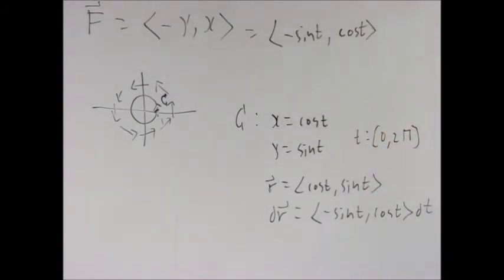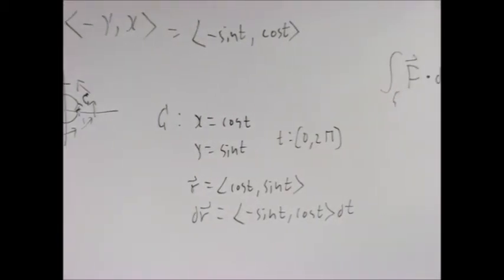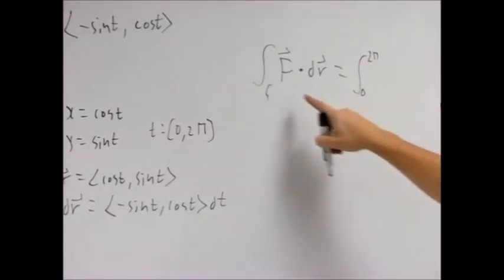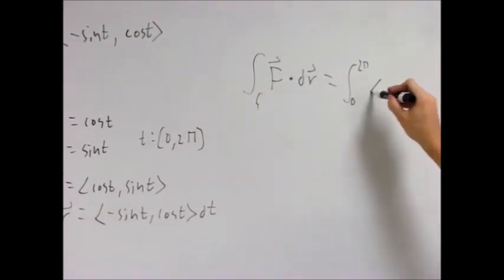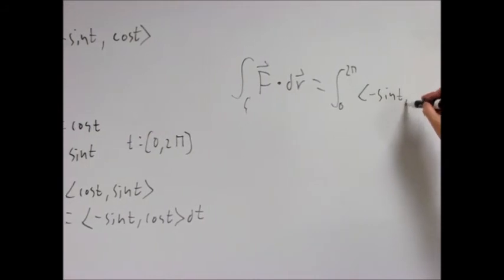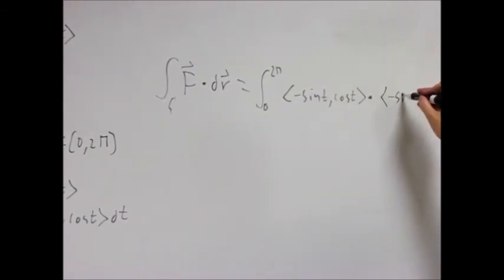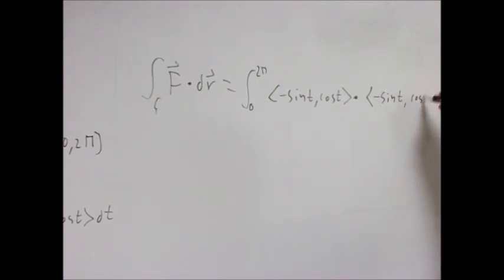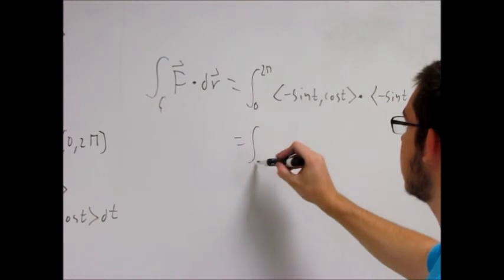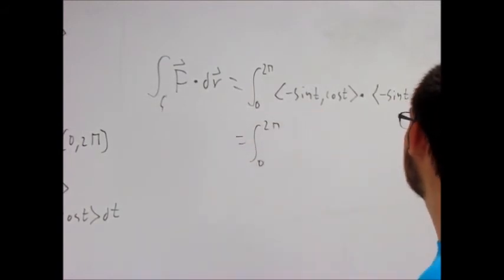So the work done, or the line integral here, of f dot dr, is the integral from 0 to 2 pi of negative sine t, cosine t, dot product with negative sine t, cosine t dt, which is the integral from 0 to 2 pi.